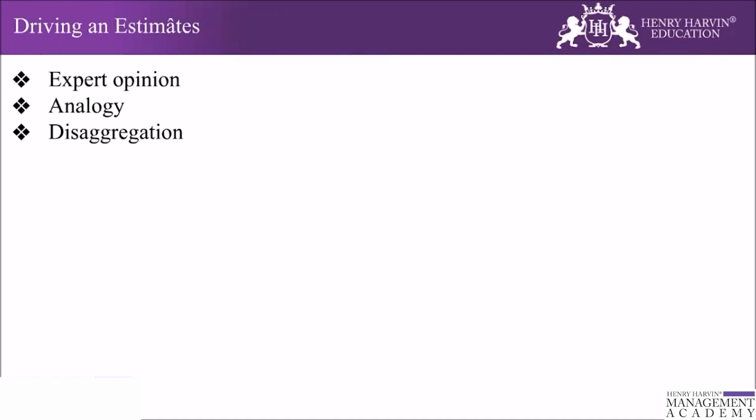If I talk about the expert opinion, it says that if you want to know how long something is likely to take, you ask an expert. At least that's one approach. In an expert opinion based approach to estimate, an expert is asked how long something will take or how big it will be. The expert relies on her intuition or gut feel and provides an estimate.